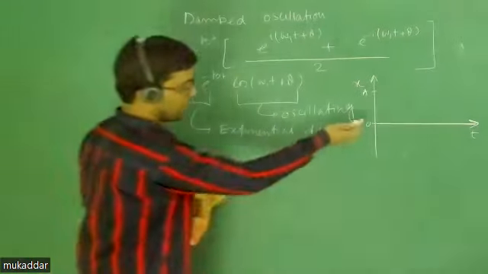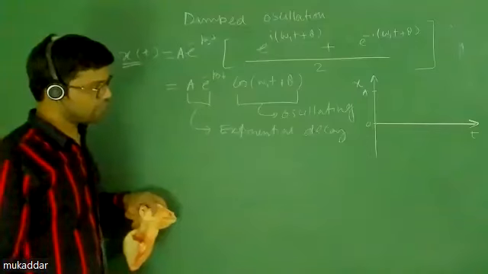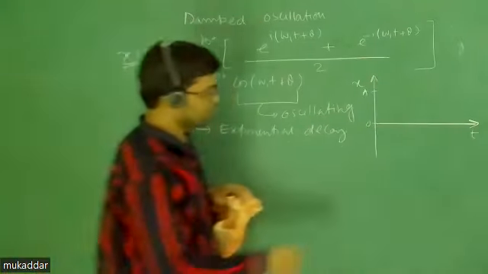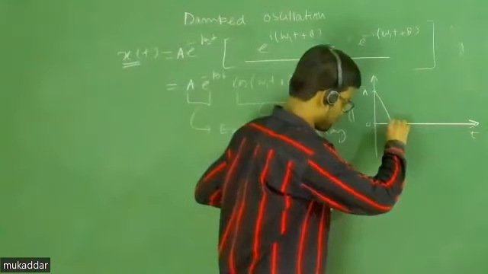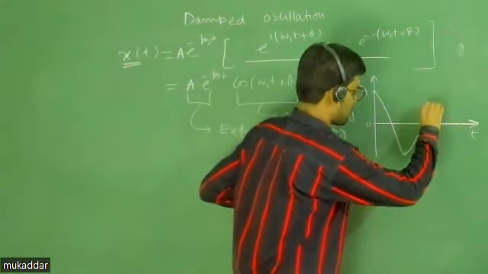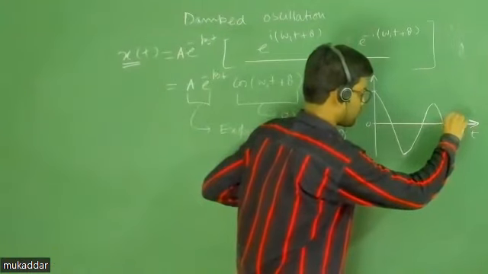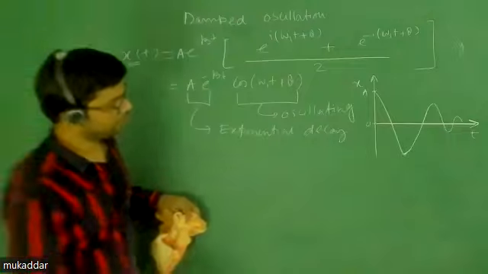You displaced it from the mean position by an amount a. What kind of nature of oscillation will it follow? So it will be oscillating, but the amplitude will decay.